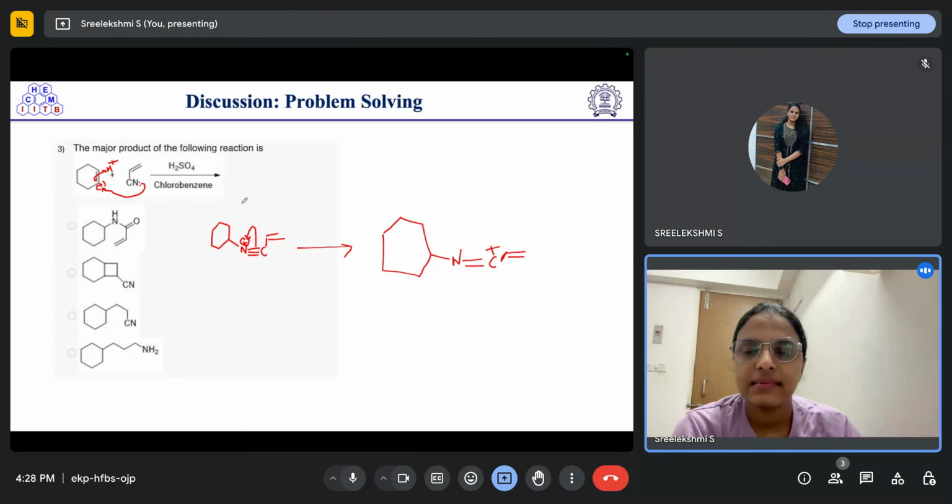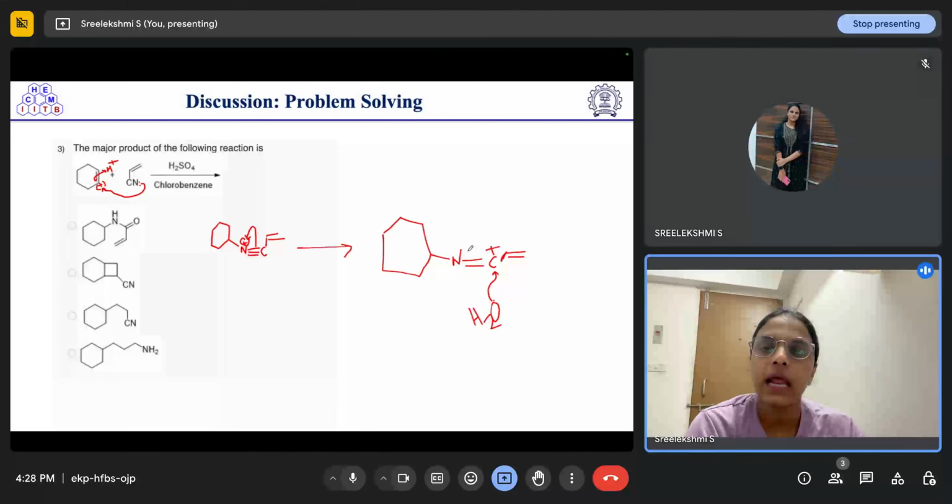Then since it is H2SO4, it means it is aqueous condition, so one molecule of water will be attacking this carbocation to form OH2. Then in the presence of water, H3O plus will leave to form COH, that will tautomerize to give the particular amide.